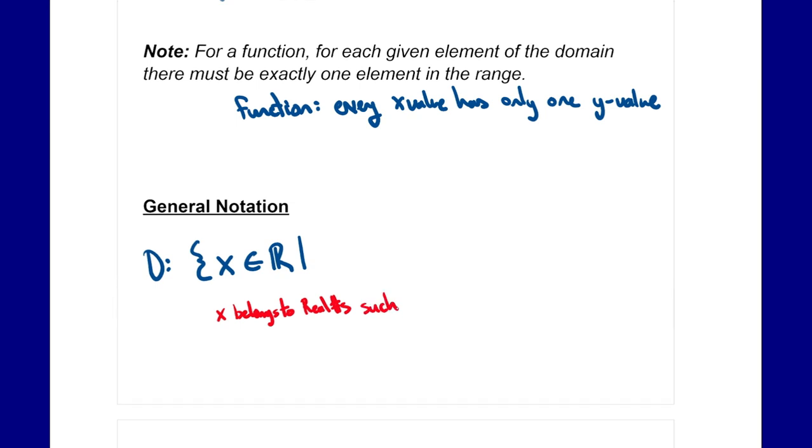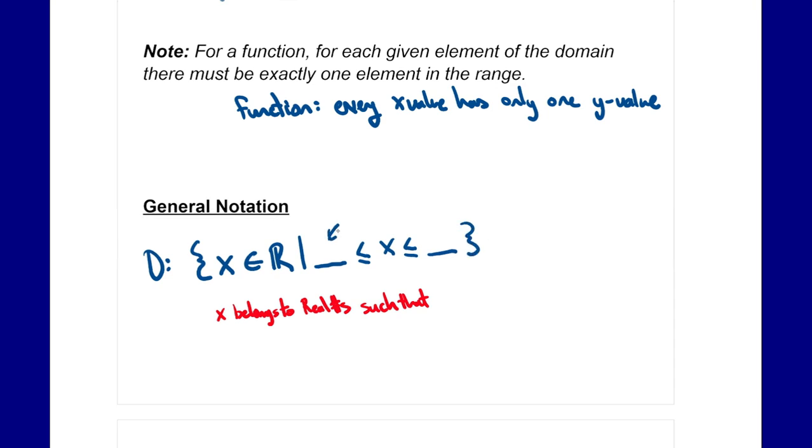So x belongs to real numbers such that, and then here's where we usually have our restrictions of what x is allowed to be. The general notation is we'll have one value less than or equal to x, which is less than or equal to another value. And then we close it off.